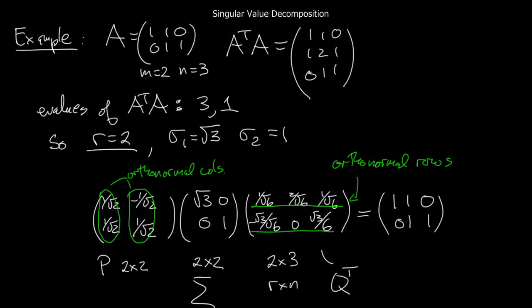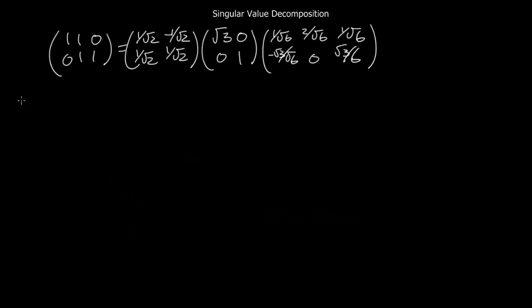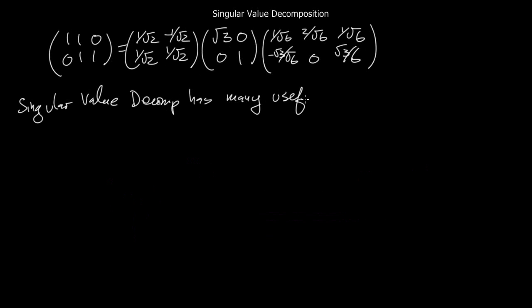Okay, so now the point is that the singular value decomposition has a lot of nice properties. It has useful properties. It tells you useful things about your matrix, and I'm going to discuss a few of them.